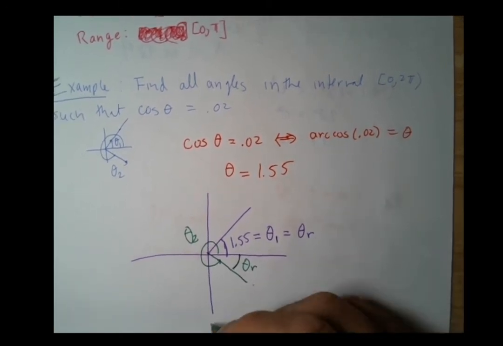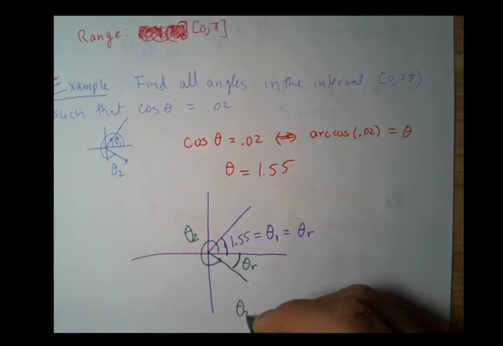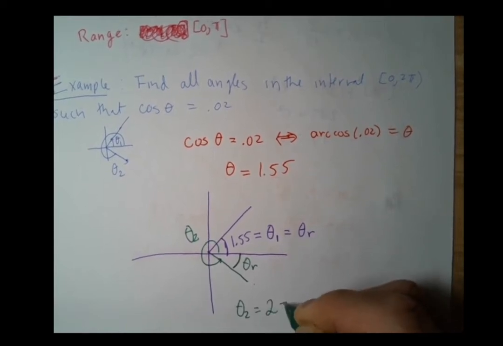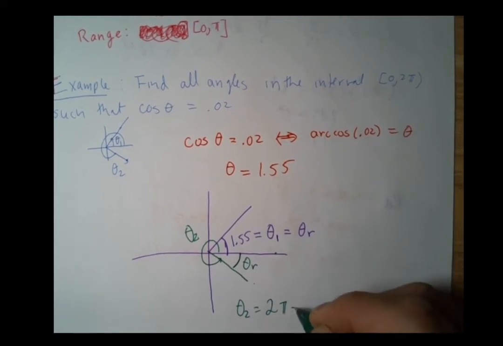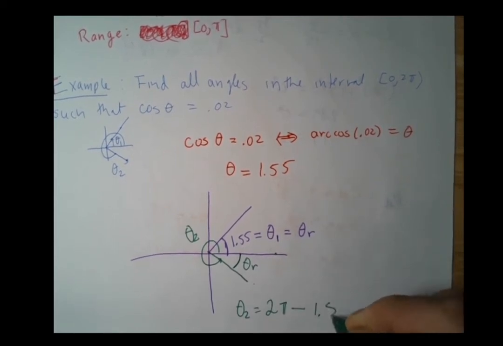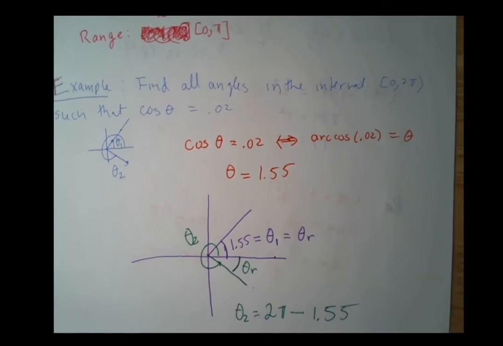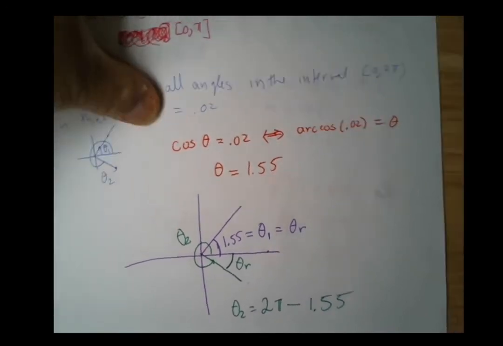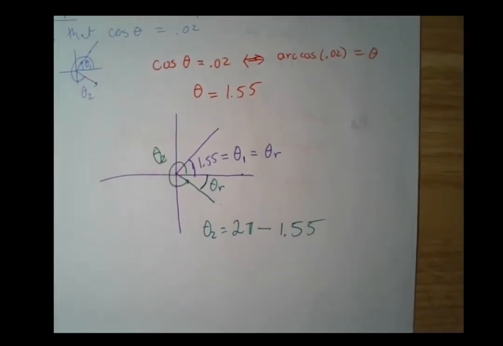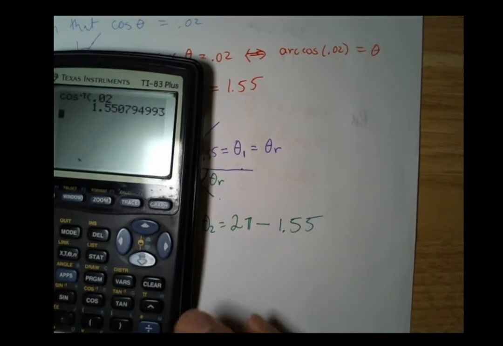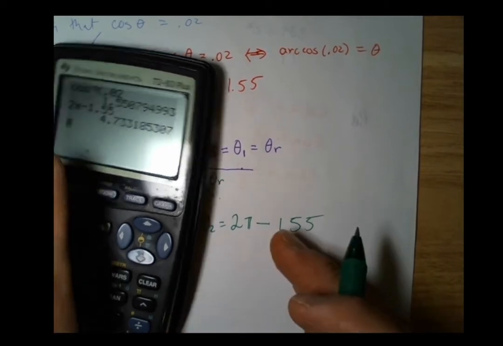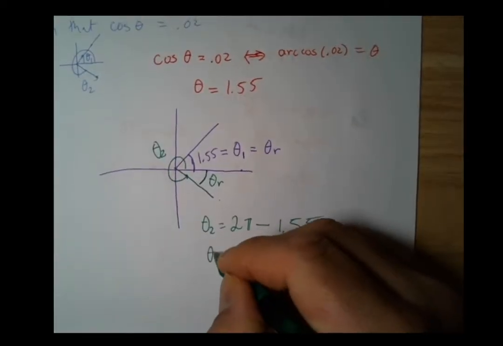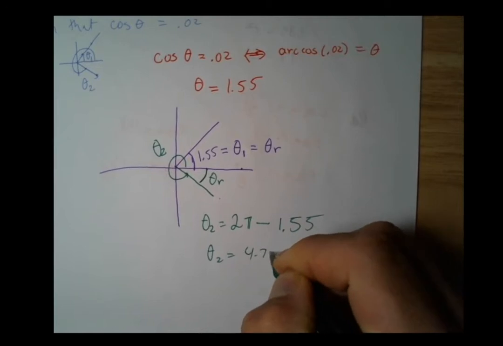So theta 2 is going to be 2 pi, but that would be too much. That goes all the way over here. We cut out theta r, or subtract 1.55. And then just a quick calculation here. So we get 2 pi minus 1.55, we get 4.73. So theta 2 is 4.73.